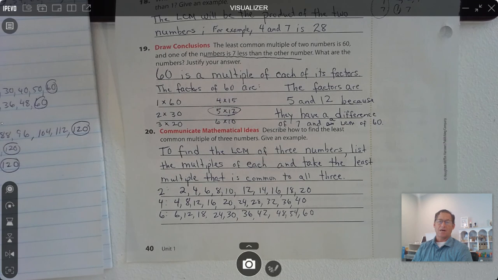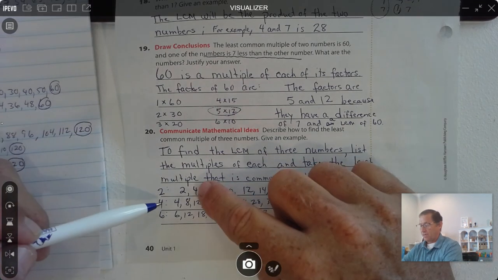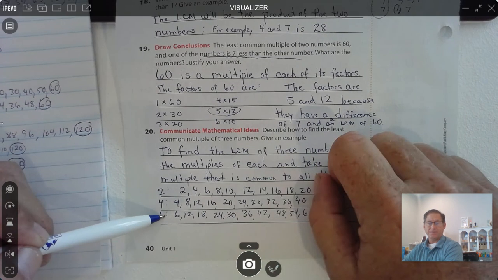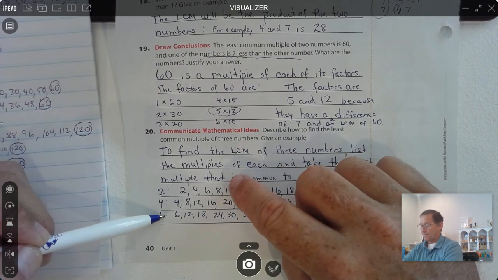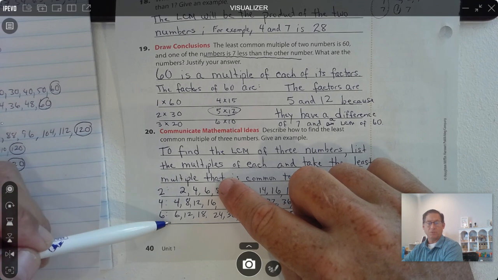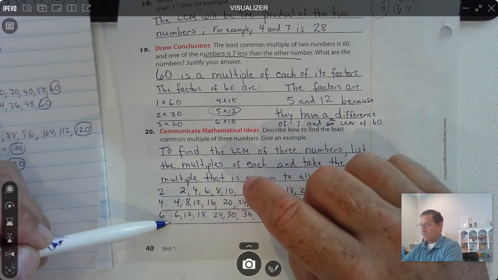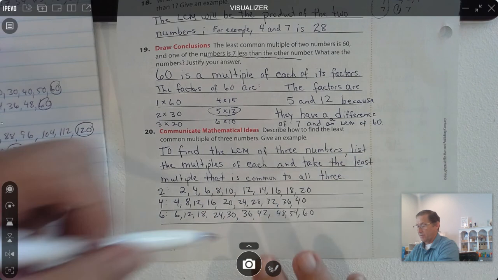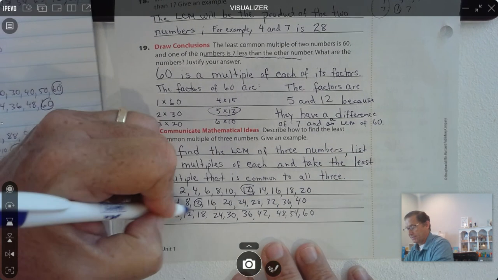And find the least common multiple of all 3. All right, well, 4 is in common to 2 and 4, but it's not a multiple of 6. 8 is in common to 2 and 4, but is not a multiple of 6. 12 is in common to all 3 numbers.